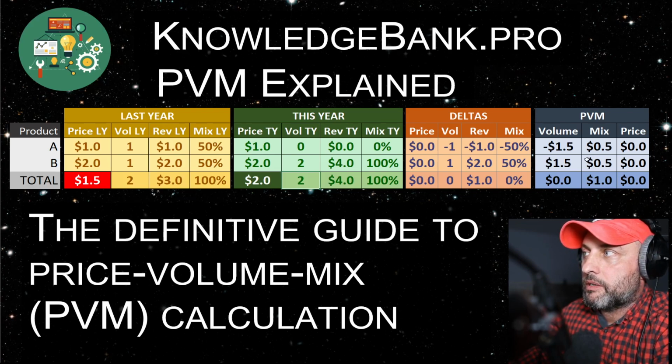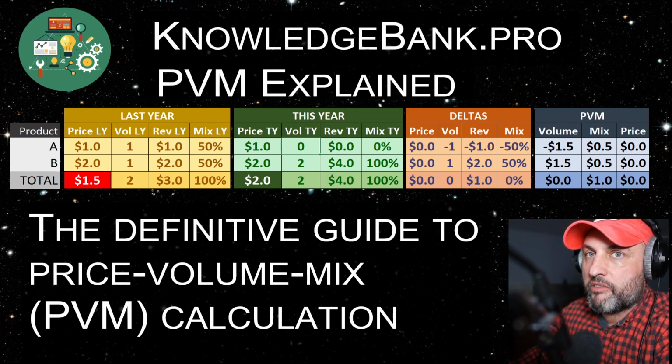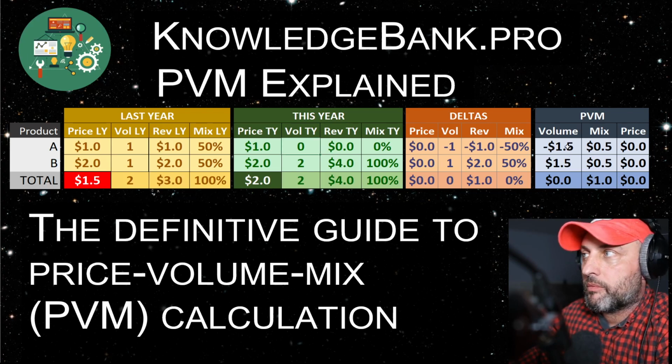And let's see what it did to our PVM. Well, did our volume change for product A? Yes, we used to sell 1, now we're selling 0. Should we expect a volume component of PVM? Yes. Every time we sell a product, we make $1.5 on average. So we sold fewer, so that's going to go into our volume, right?